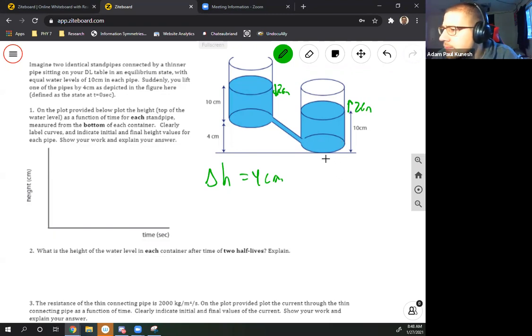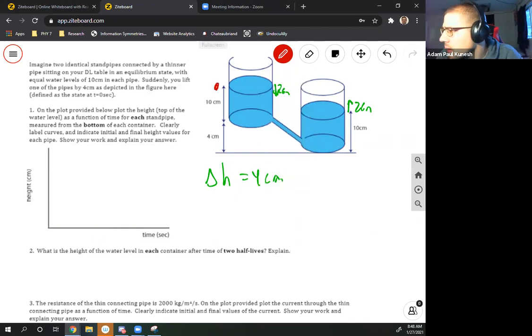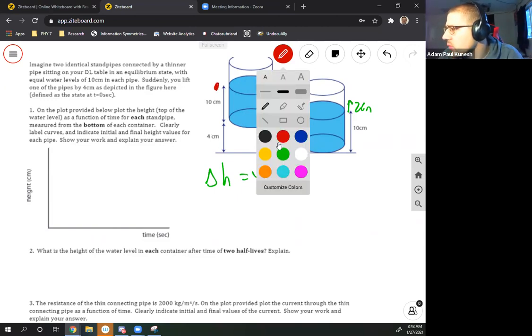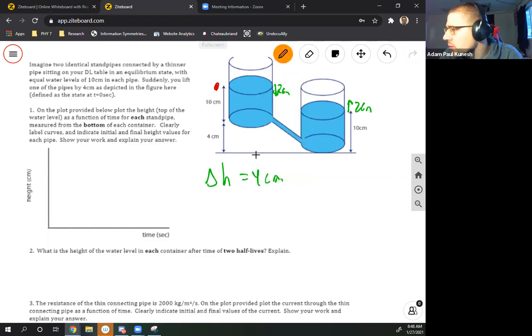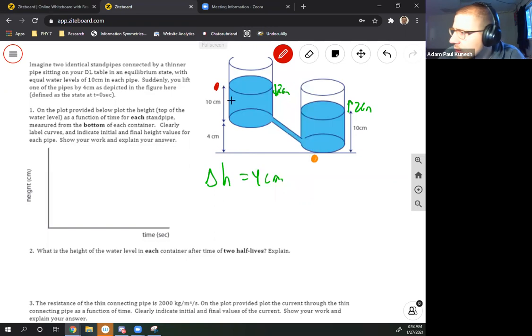So yeah, measure from the bottom of each container. Cool. So initially, they're each at 10 centimeters. I'll make this one red. I'll make this one orange. So the one that is at 10 centimeters on the left is going to drop down to 8.